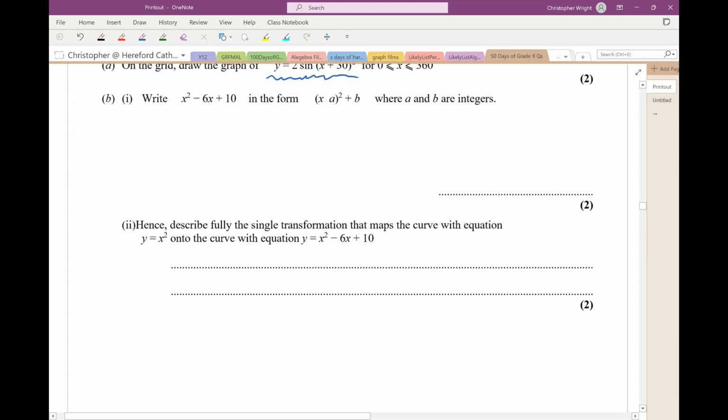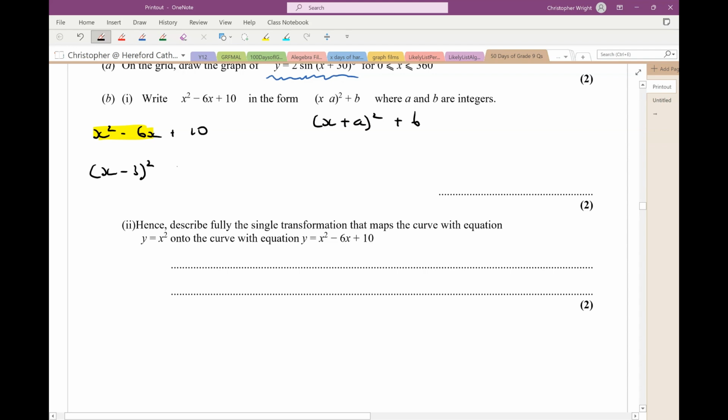Right, part B. Write x squared minus 6x plus 10 in the form, I think that's supposed to read (x plus a) squared plus b, probably. So I've just got to complete the square here. I've got x squared minus 6x plus 10. If I just concentrate on these first two terms, it's going to be equal to (x minus 3) squared.